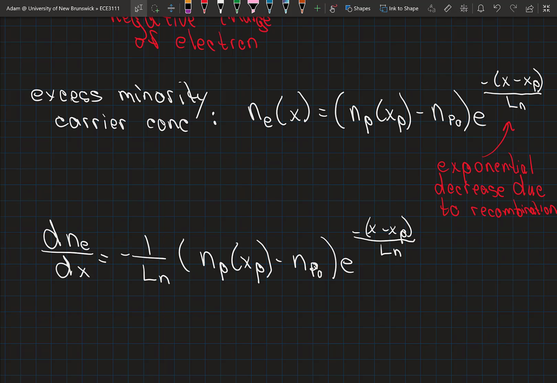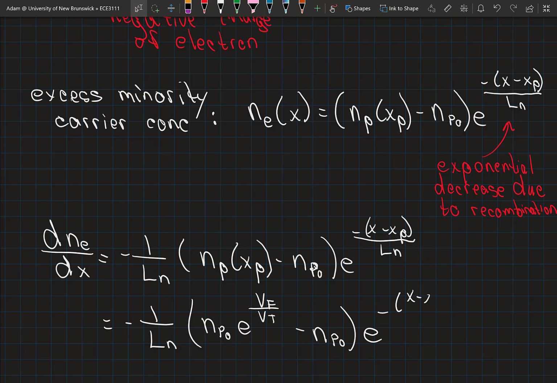Okay, I'm going to substitute in the equation for my concentration at the edge, which we'll remember is my unbiased concentration times e to the forward voltage divided by Vt, minus my concentration when it's not biased times e to the minus x minus xp over my diffusion length.